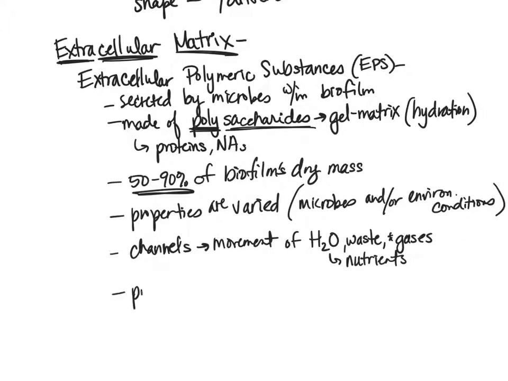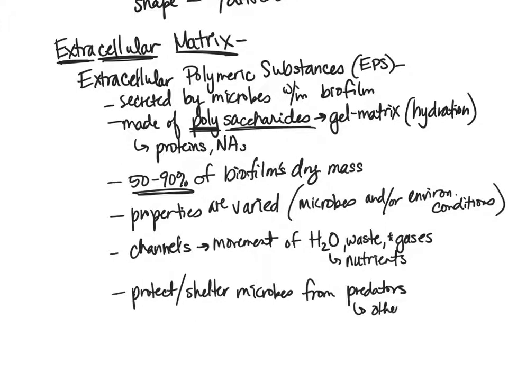It also is going to protect and shelter these microorganisms from predators. Predators meaning other microbes, but also meaning something like antibiotics or disinfectants. So this EPS is really important, and that's what makes biofilm so difficult to get rid of.